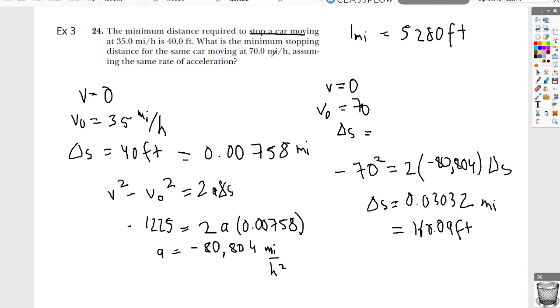Since this problem is 3 significant digits, we just shortened it to 160 feet. This is one way of solving it.